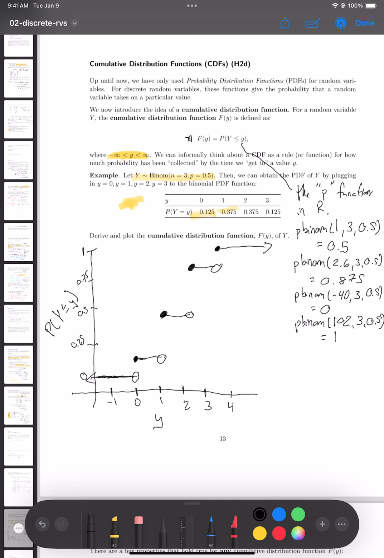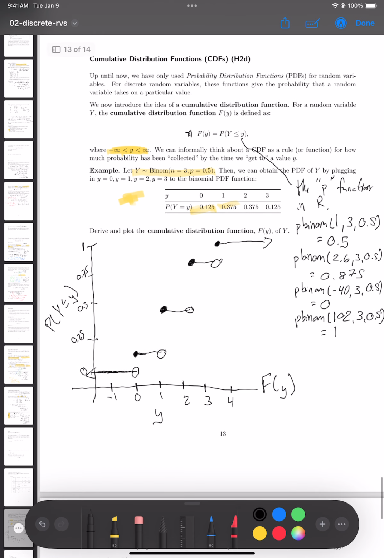So that's our plot of the CDF. We are also going to write out what this looks like as a function. And so our capital F of y, we're pretty much going to obtain from the plot. The CDF is going to be equal to 0 when y is less than 0. It's going to be equal to 0.125 when y is between 0 and 1.